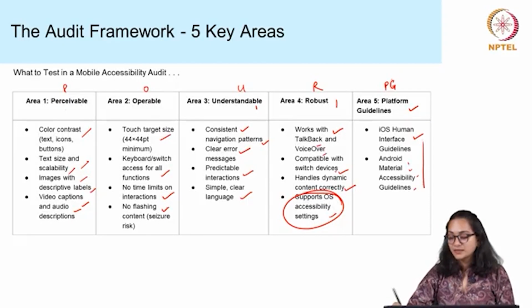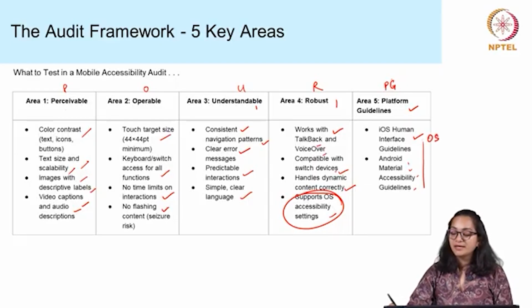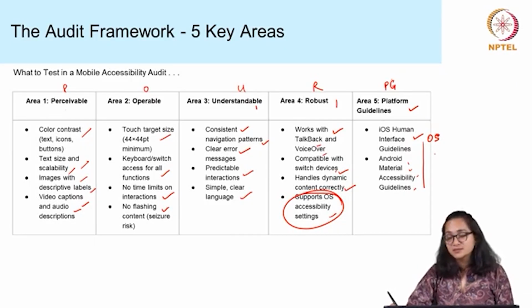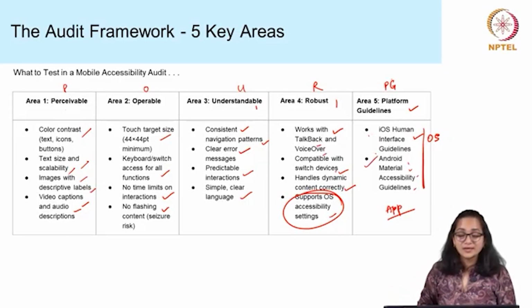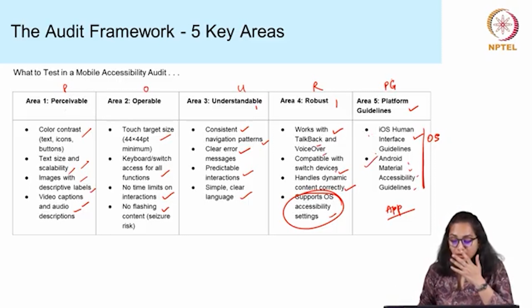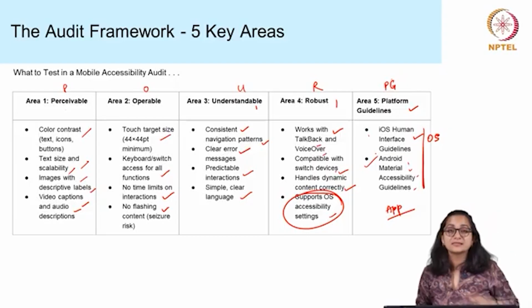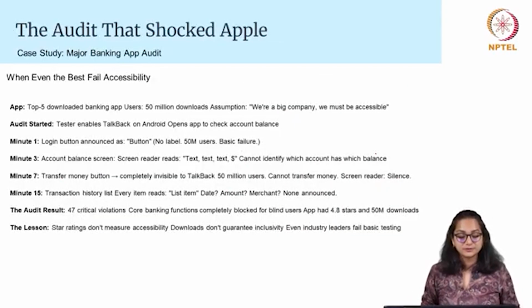These are guidelines related to your OS level development and OS level compliance. So make sure that whenever you are making an app, you are apprised of these guidelines as well, and whether your application follows the Human Interface Guidelines of iOS as well as the accessibility guidelines for Android.